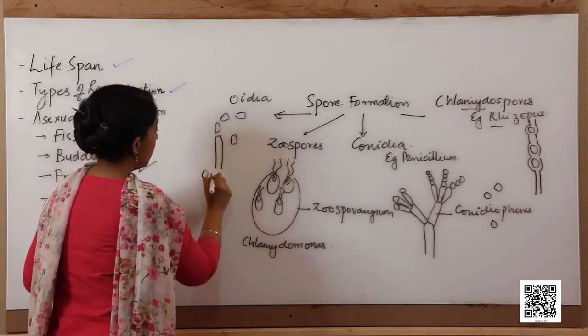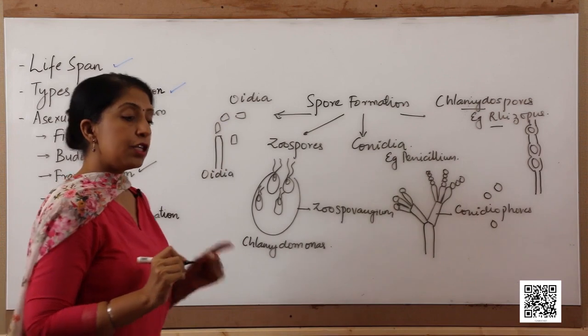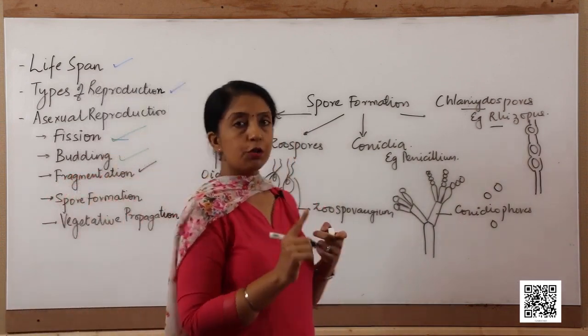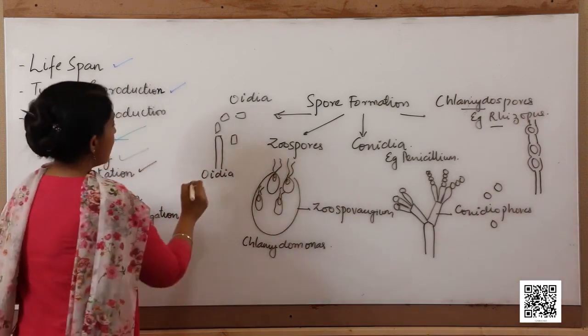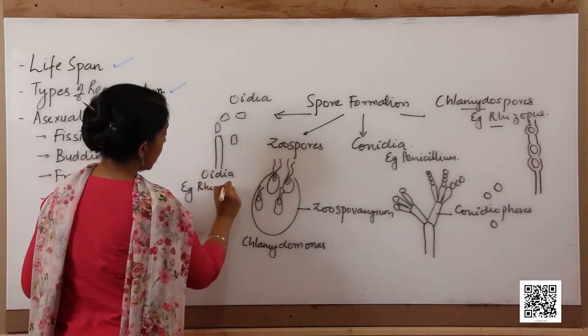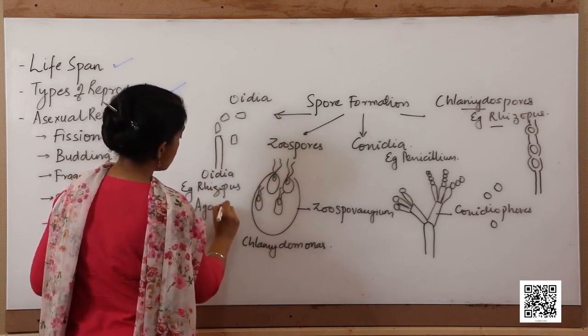And these oidia are formed in conditions when there is an excess of water, salt or sugar. An example is again Rhizopus, which also makes oidia, and also Agaricus or mushrooms.